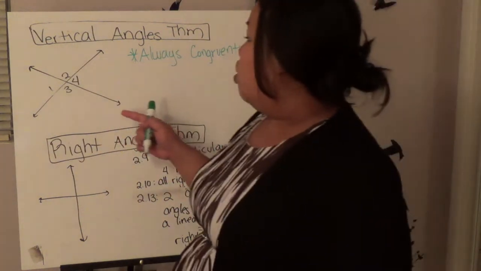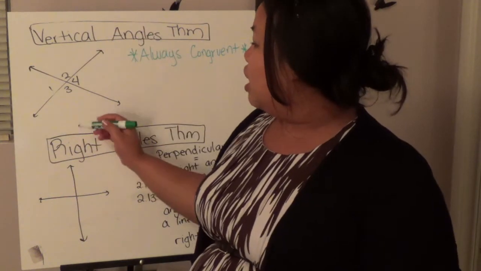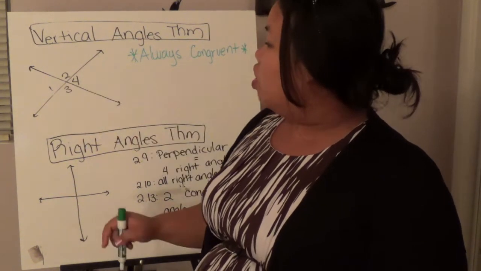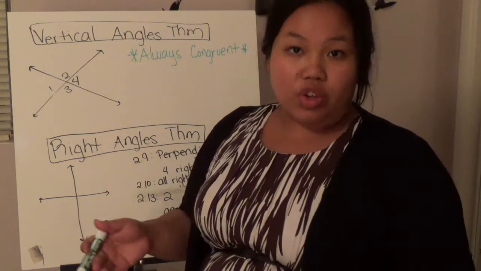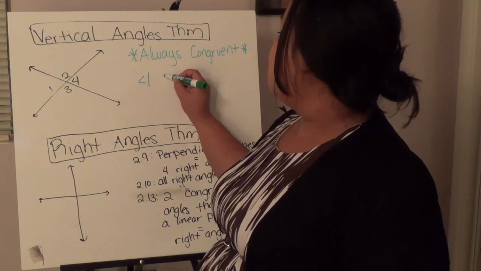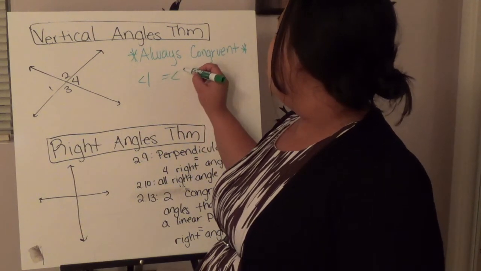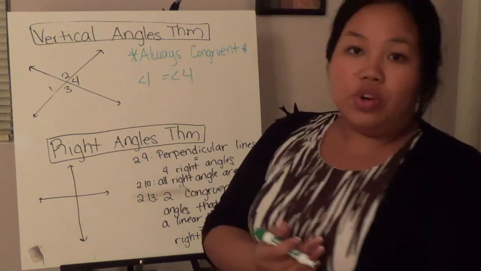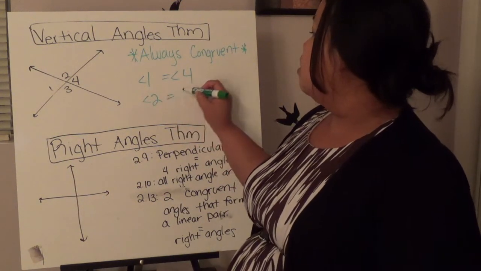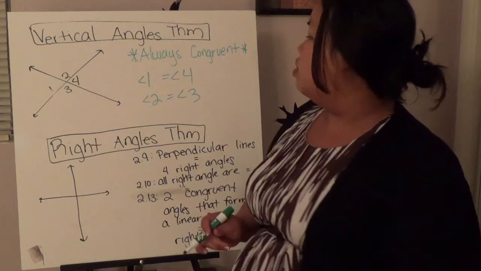So once I find two intersecting lines, then the angles across from each other make what is called a vertical angle. So angle 1 is a vertical angle with angle 4, and because they're vertical, they're equal. And what else is vertical? Angle 2 is equal to angle 3.